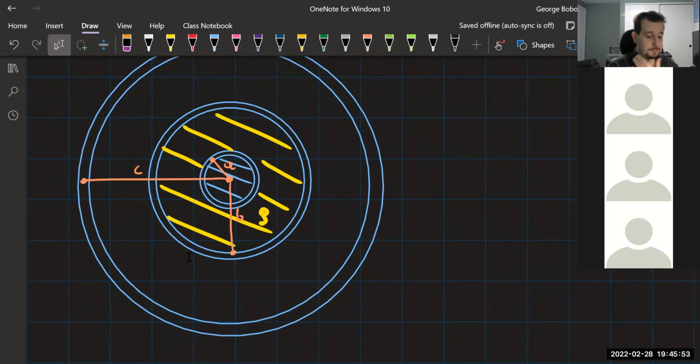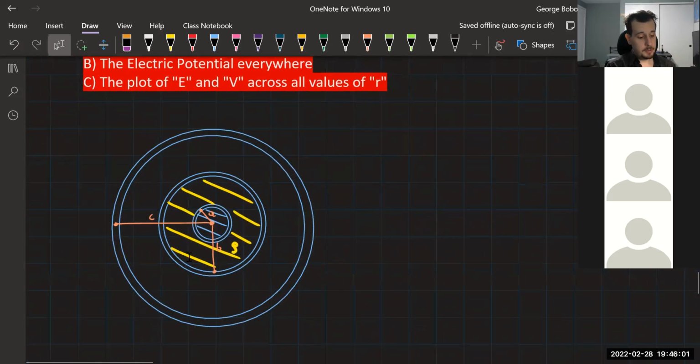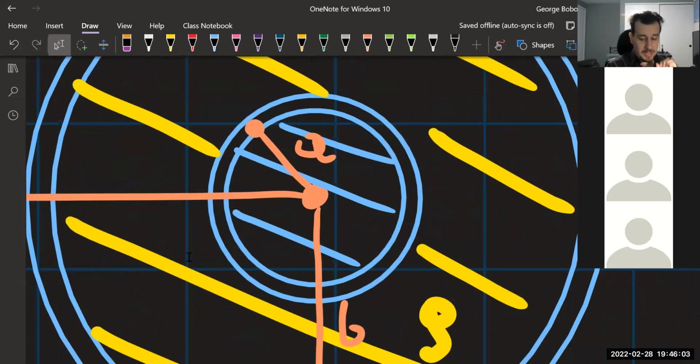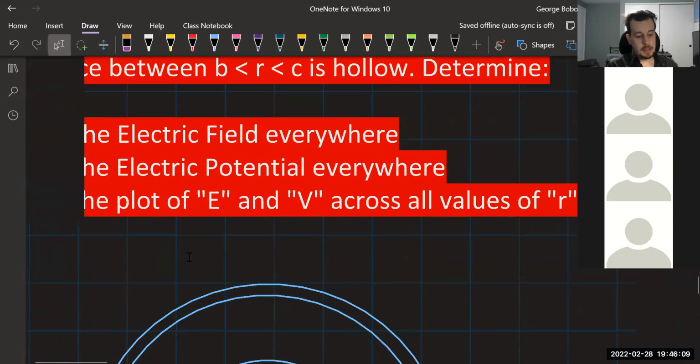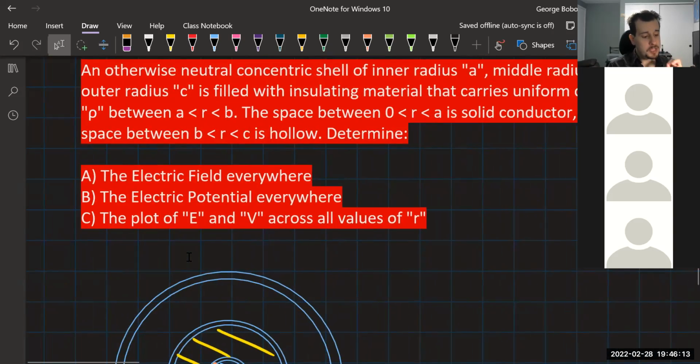Now, the space between 0 and A is solid conductor. Between 0 and A, solid conductor. That's what you see here. And then, while the space between B and C is hollow.